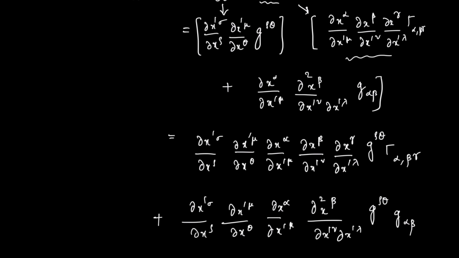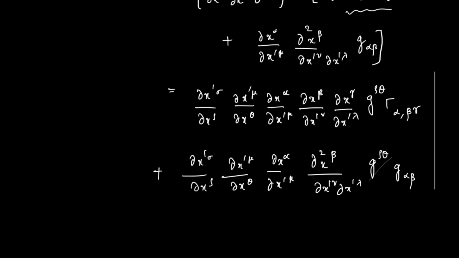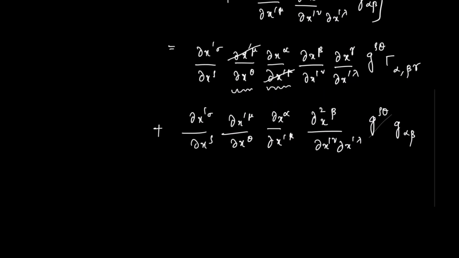Okay, so in the first term, if you see here, I have partial derivative of x prime mu in the numerator, and I have partial derivative of x prime mu in the denominator. So these two actually get cancelled, and here if you see these two, right?